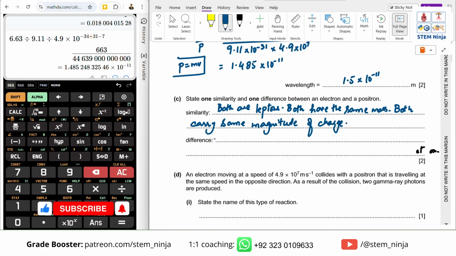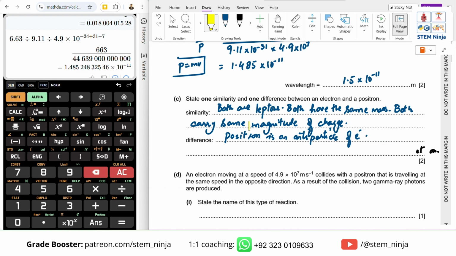The difference is that a positron is an antiparticle of the electron. Although we said they have the same magnitude of charge, they have opposite signs.